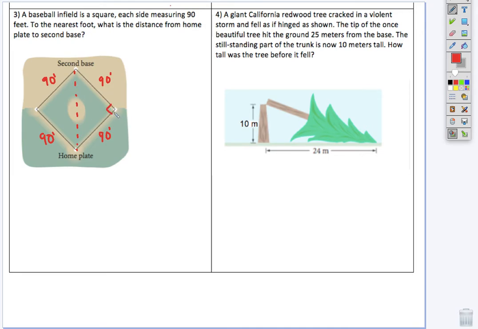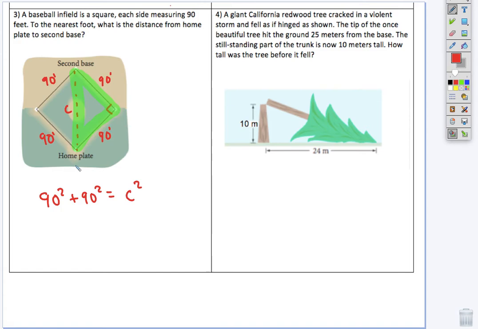We can draw in a right angle there, and then hopefully we see we've made a right triangle. So we've got legs 90 and 90 equals c squared. This is c, that distance that we're trying to find.